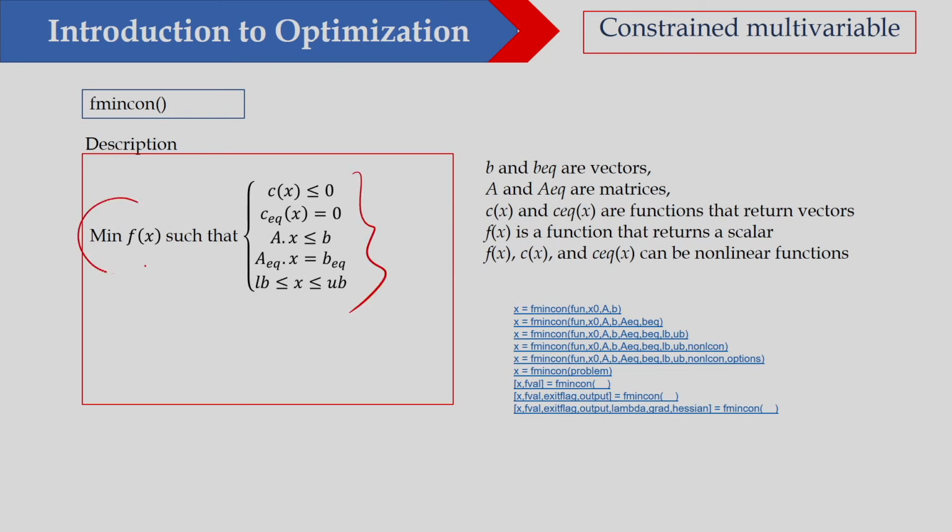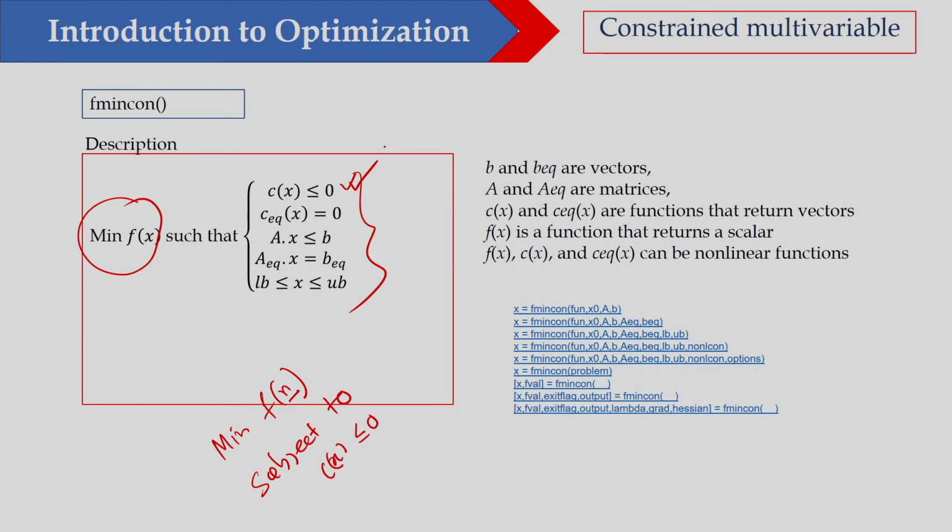I would like to minimize f(x), that means the objective function, where x is a vector, subject to the constraints.